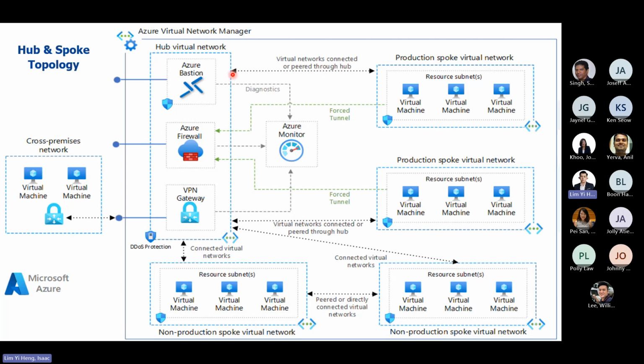This hub virtual network is a shared service of Azure, and the workloads that are hosted here serve the purpose of a customs checkpoint. Whenever an external user would like to access our spoke virtual network for our applications, virtual machines, or storage, they will need to pass through this customs to do their security check and also allow the rules. At the same time, Azure Monitor will collect the logs so that we can analyze any suspicious activities later on.